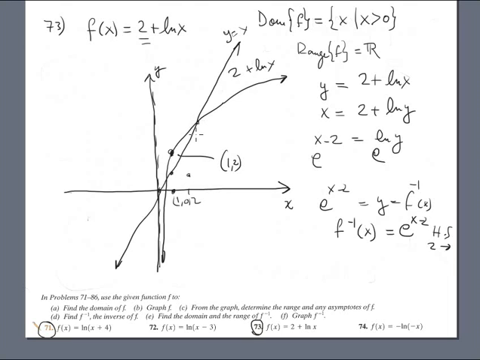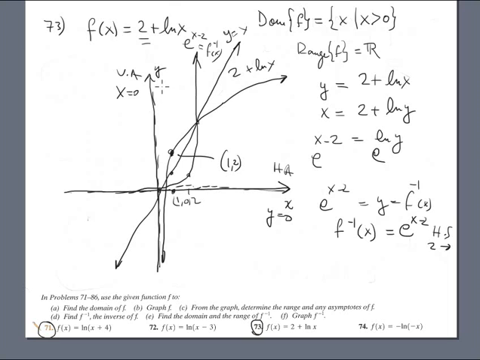Another point is where both curves intersect. Now in this case, the horizontal asymptote here doesn't change. This is the horizontal asymptote, y equals 0, and this is the vertical asymptote for the original, x equals 0.